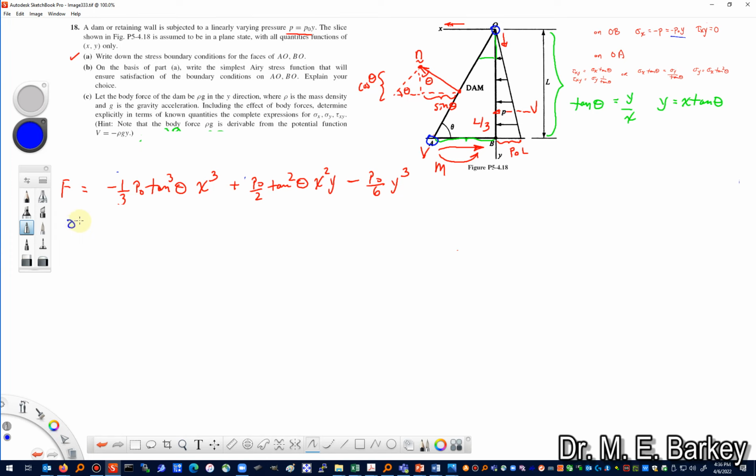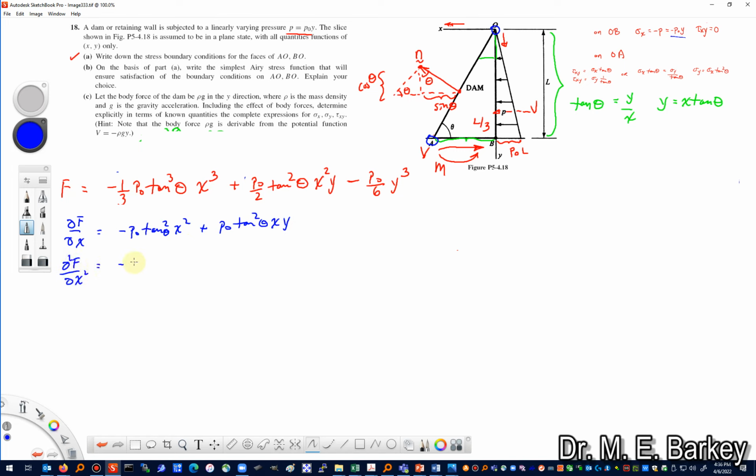So let's go with partial derivative of f with respect to x. Okay, I'm going to have minus p naught tangent cubed x squared plus p naught tangent squared xy. Second partial derivative with respect to x.